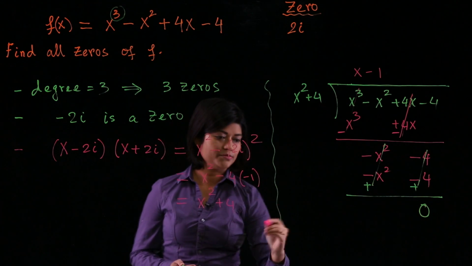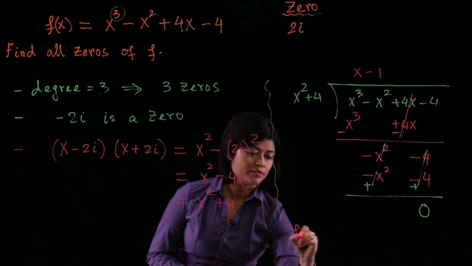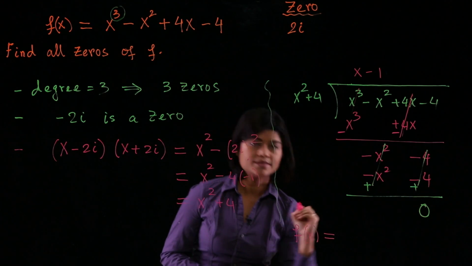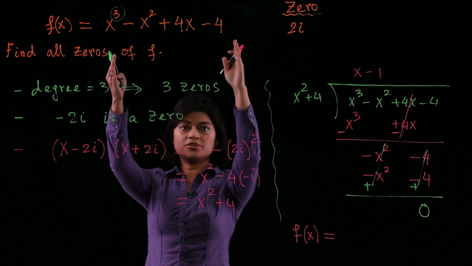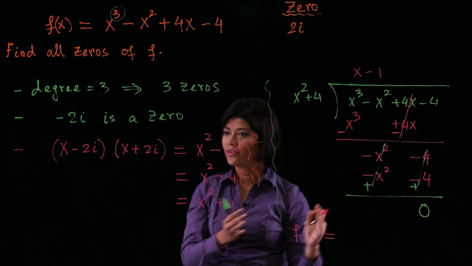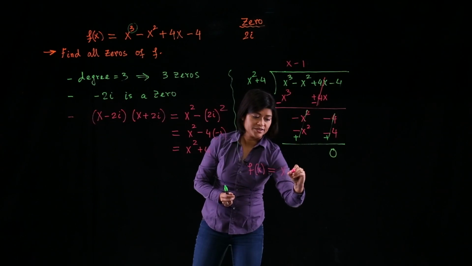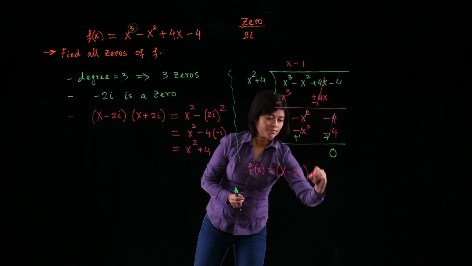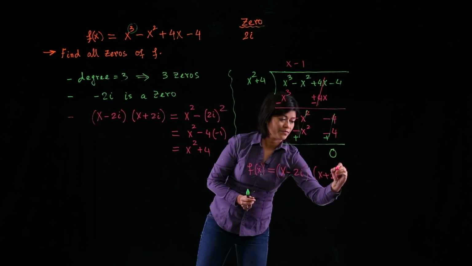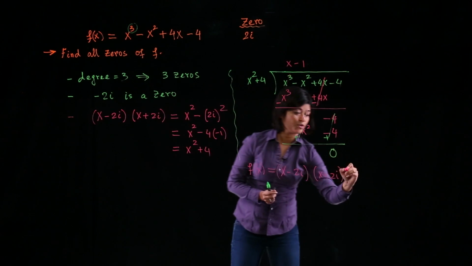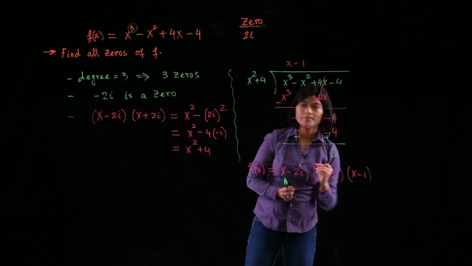All right, so that means the expression for the function, if you factor them, we have the two factors from here. One is x minus 2i, x plus 2i, and the last factor is the quotient x minus 1.